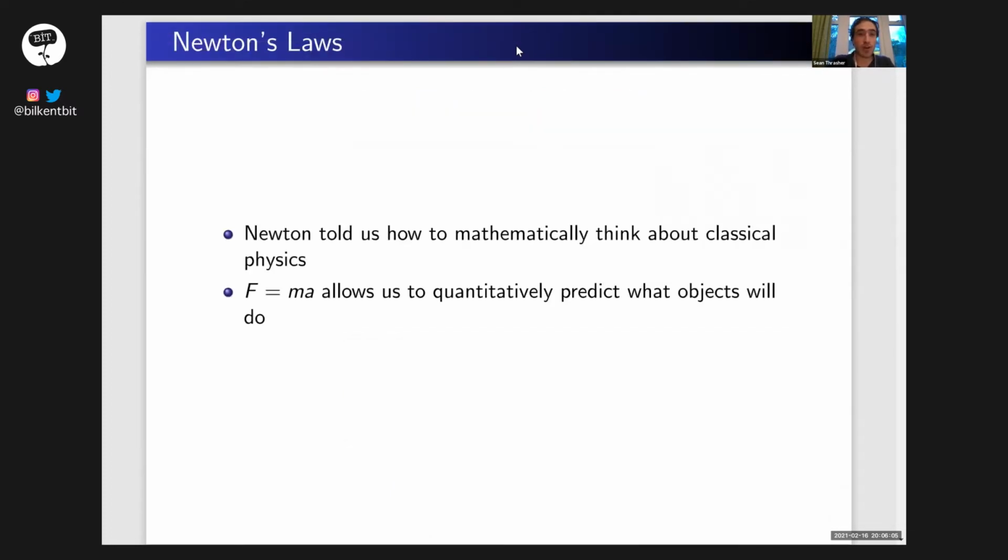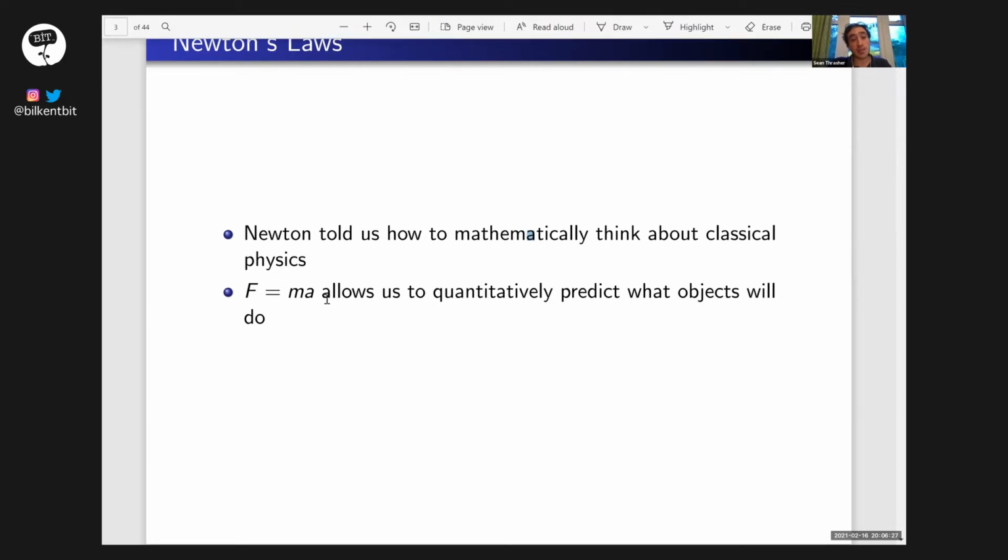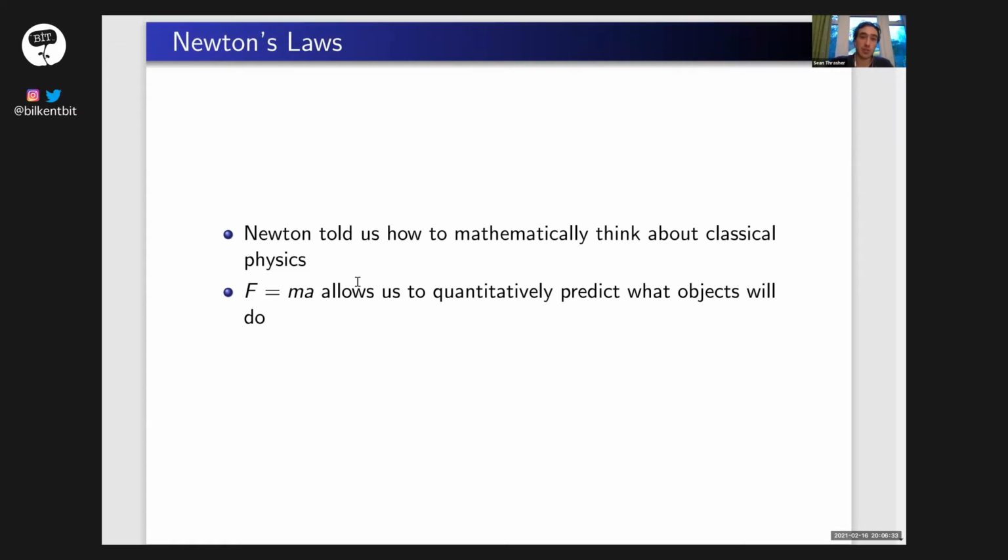For us, what's important is that Newton taught us how to mathematically think about classical physics, the physics of the ordinary scale, for instance baseballs, footballs, rocks, and rockets. He came up with these 3 laws of motion, and the second law, F equals ma, allows us to quantitatively predict what objects will do.